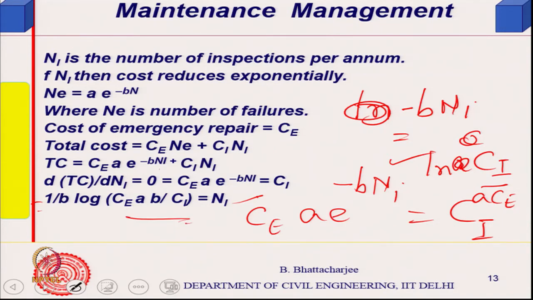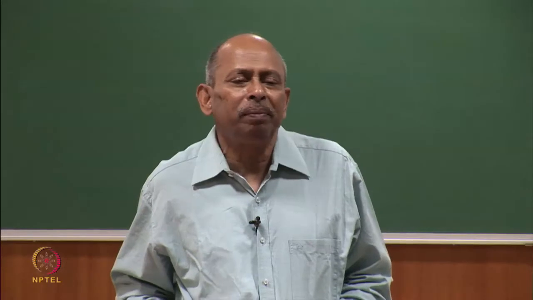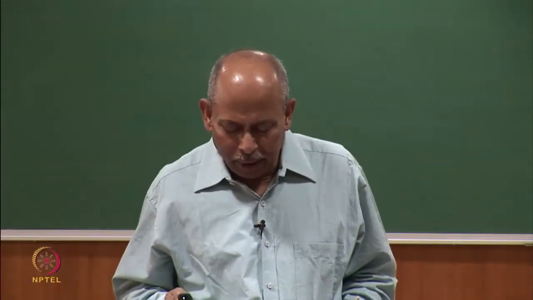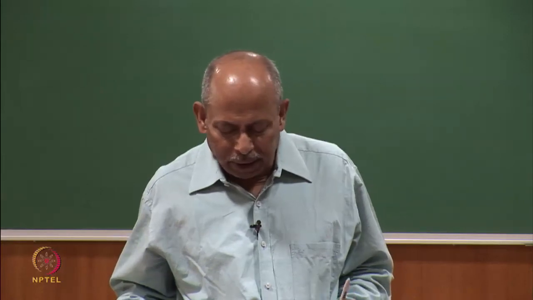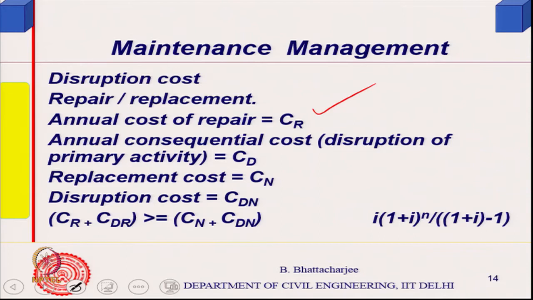Okay. So, one can obtain the optimal number of inspections required. Similar situations can come in many other places, where you bring in the annual cost of repair, annual consequential cost, that is your disruption cost, then replacement cost.